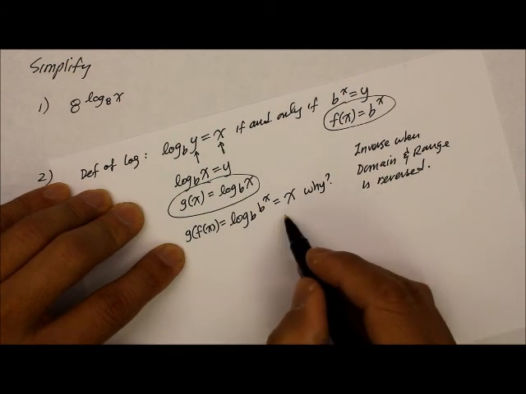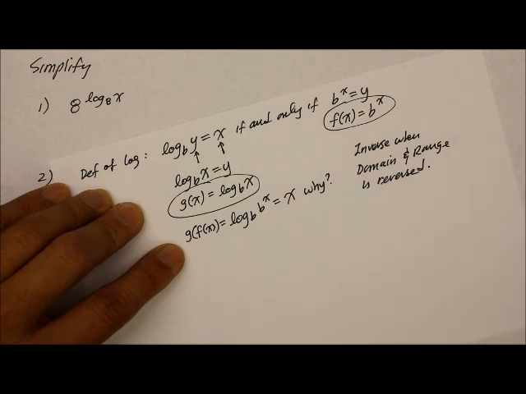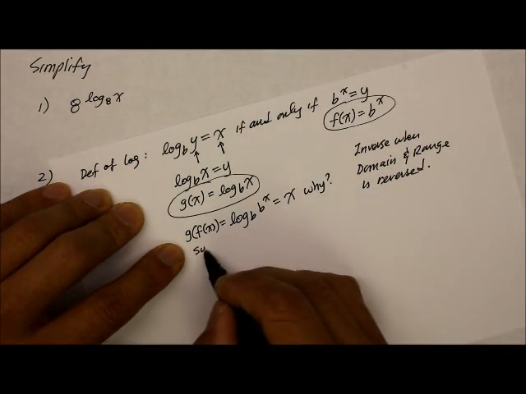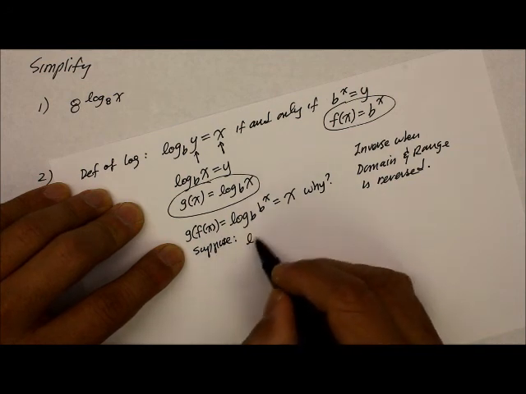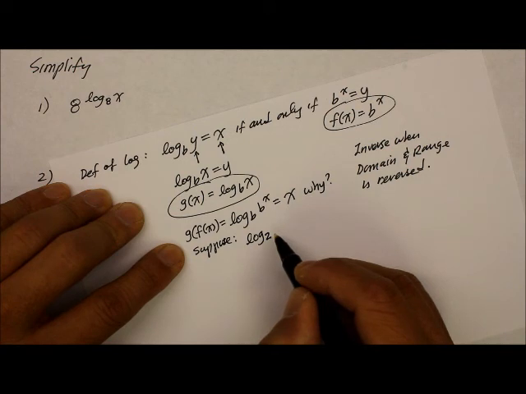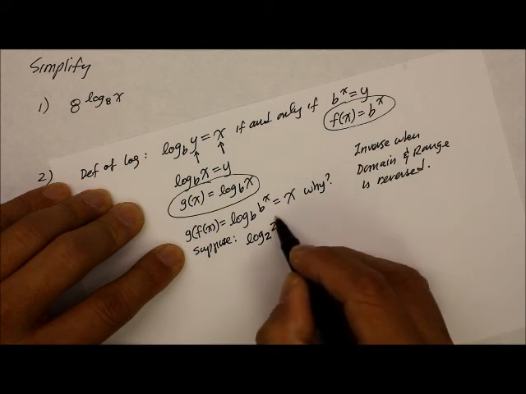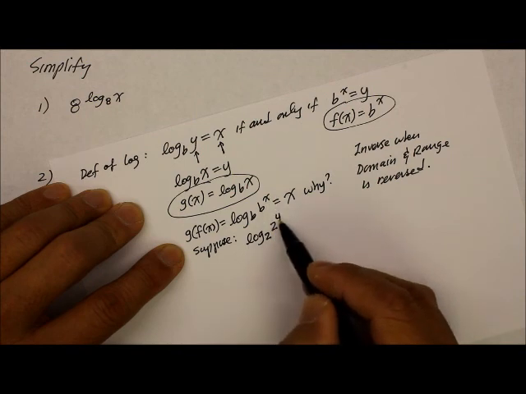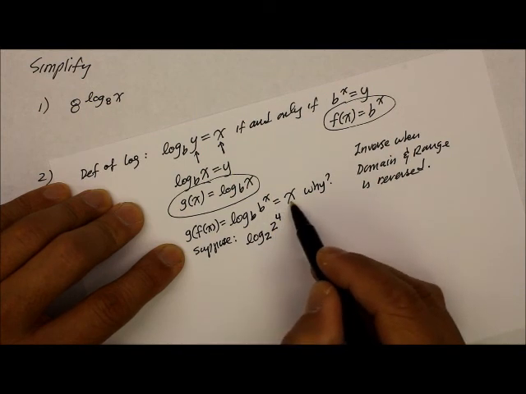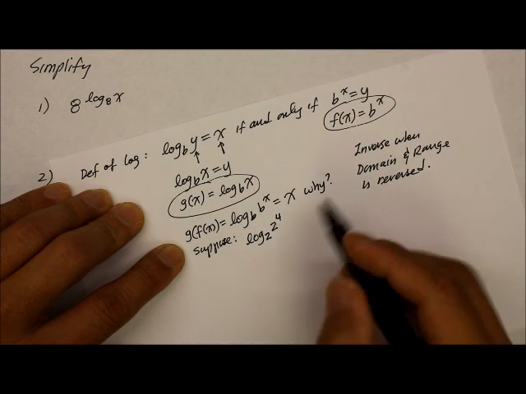So to see that, let me put some numerical value. For example, suppose log base 2 of 2 to the 4 power. See, the b and the b match, with x as 4. Then I'm saying that's going to be 4. So let's talk about this one.